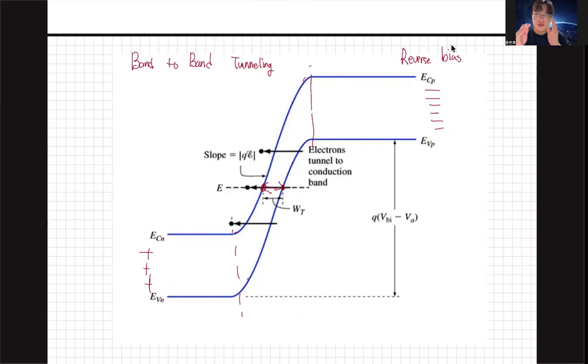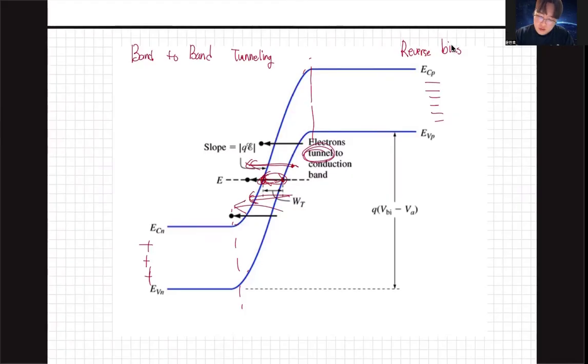And because of quantum tunneling, the electron can move here, because this gap is very, very close and very tight. So the electron can move to here.